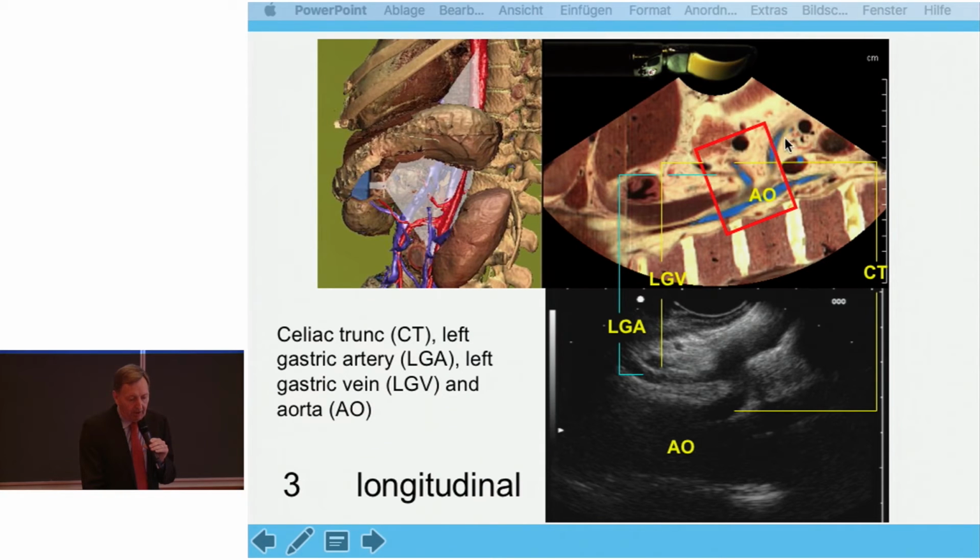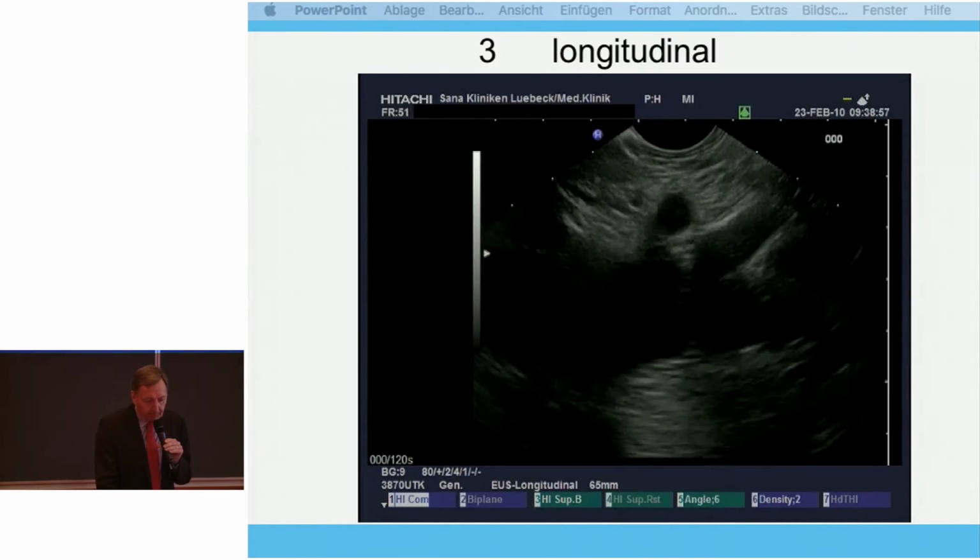And here's the superior mesenteric artery. This is the aorta. And this is the corresponding image, left gastric artery here, and here's the celiac trunk. If you rotate to the right side, you will follow the splenic artery. If you rotate to the left side, you will follow the common hepatic artery.